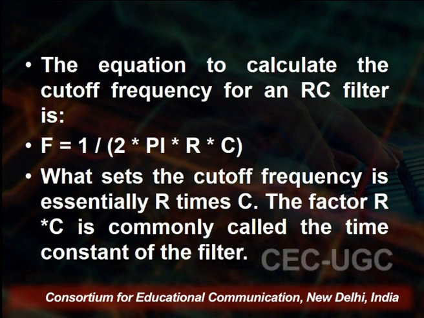The next type of filter is the high pass RC filter, just the opposite of the low pass filter. In this mechanism, for a high pass RC filter we simply swap the resistor and the capacitor. The capacitor is still a high impedance to low frequencies and a low impedance to high frequencies.